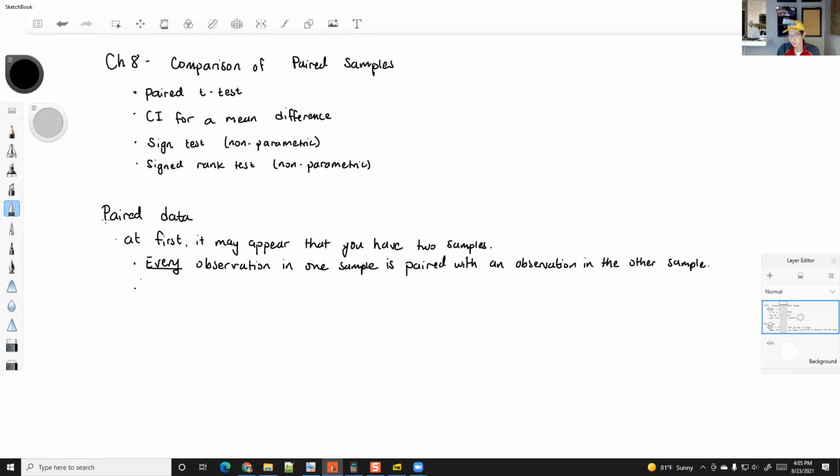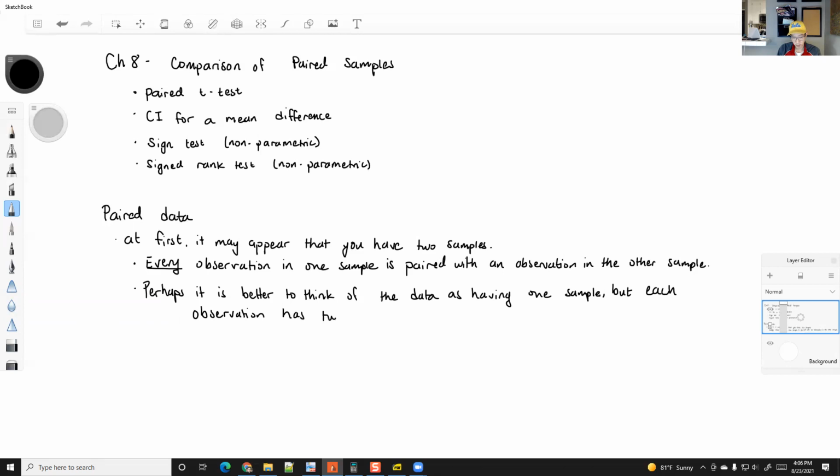So think of the data as having one sample, each observation has two measurements.